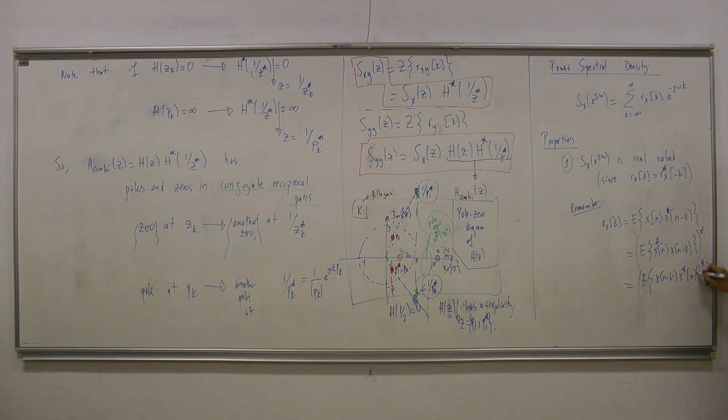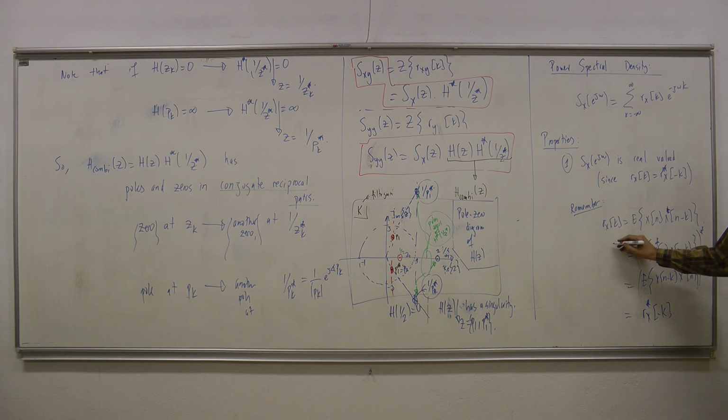Okay? I have just moved this to the first position. The reason I am doing this is, please remember, this is the first sampling time, this is the second sampling time, because the conjugate is always on the second one. So this is T1, this is T2. T1 minus T2 is minus k, and there is a conjugate on the outside.